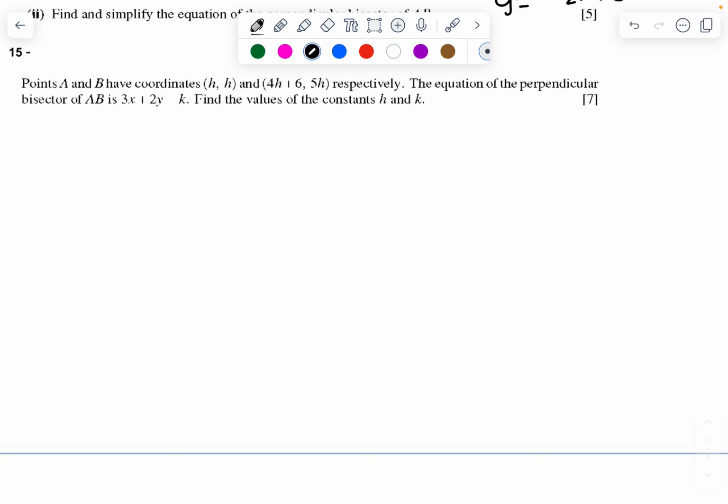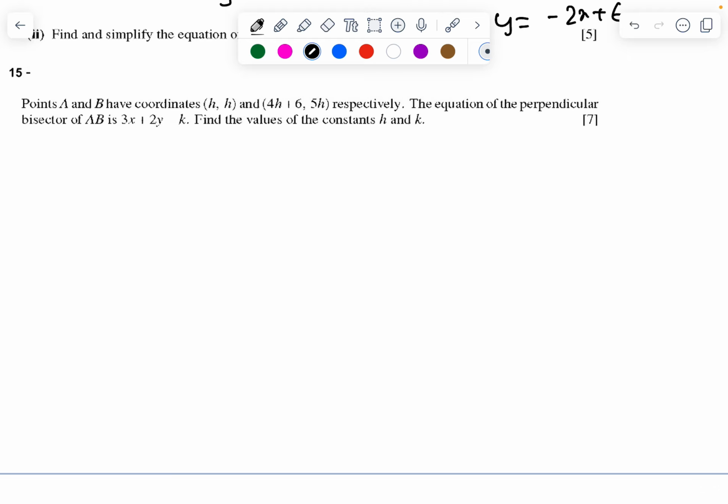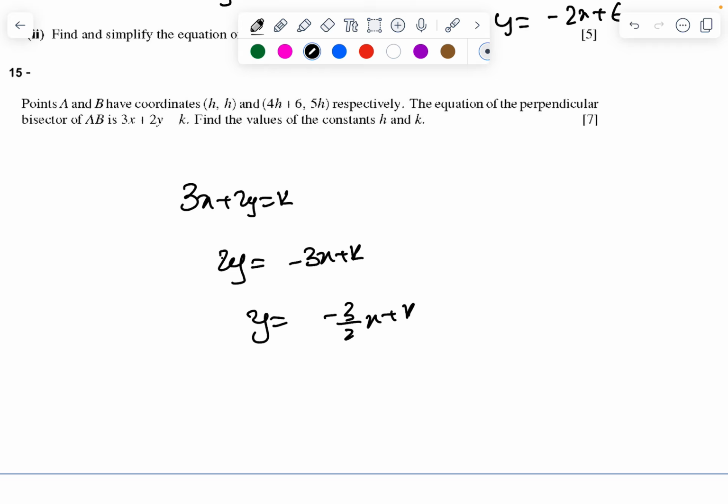And coming to the last question, the points A and B have coordinates h, h and 4h plus 6, 5h. The equation of the perpendicular bisector is 3x plus 2y equals k. Find the values of h and k. So 2y equals minus 3x plus k, y equals minus 3 by 2 x plus k by 2. The gradient of the perpendicular is minus 3 by 2, so the gradient of AB is 2 by 3.